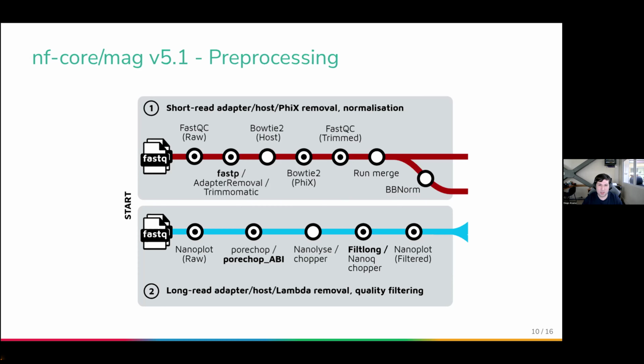That is the quality checking, trimming adapters, and in the case of short reads, we have the BBNorm step that can be used to reduce the coverage of the metagenomes to speed up the assembly, but in theory not affecting the quality of the assemblies itself.